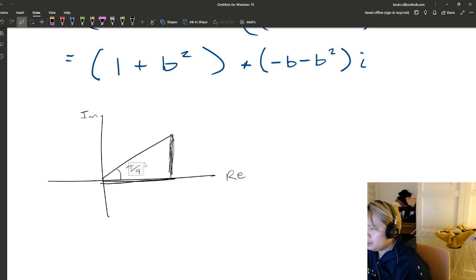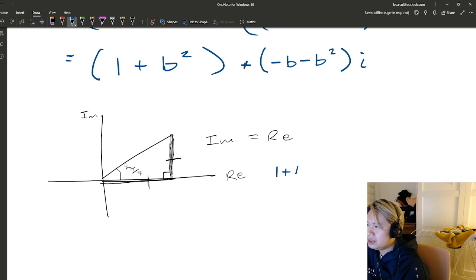You can do this without trig, or with trigonometry. But if your angle is pi over 4, that's 45 degrees, which means this is an isosceles triangle, and the two sides are going to be the same. So we know that the imaginary part is equal to the real part. So we can just equate the two. So 1 plus b squared is equal to negative b minus b squared.